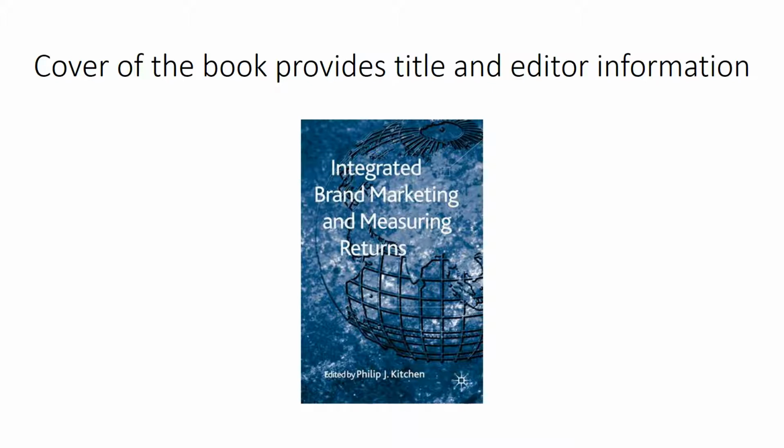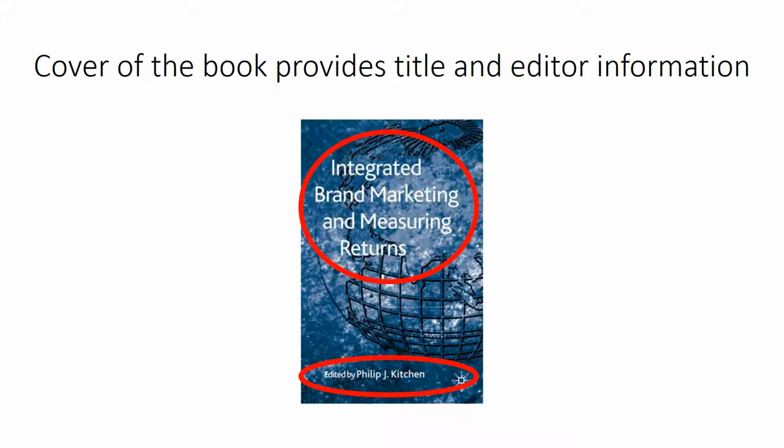Here you can see the front cover of a book, and there's two pieces of information from this front cover that we would need. This is the title of the book. This is the title that goes in italics in the second half of the reference list entry. The other piece of information that we have here is the name of the editor.